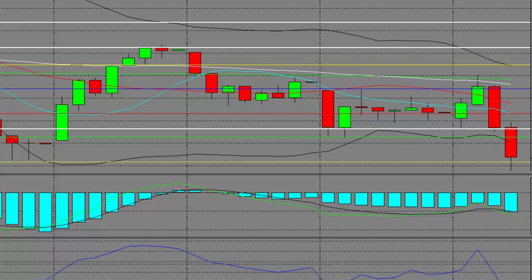Let us not forget that we are in the beginning of the 60-minute sell signals, and they have been here. And this is why every time the bulls go up, we go down and make another low.